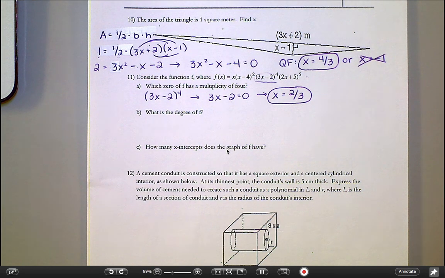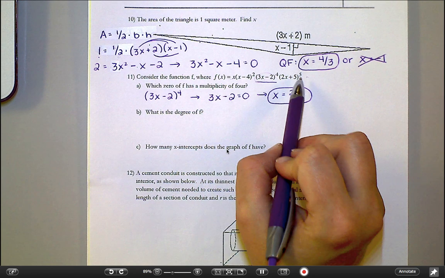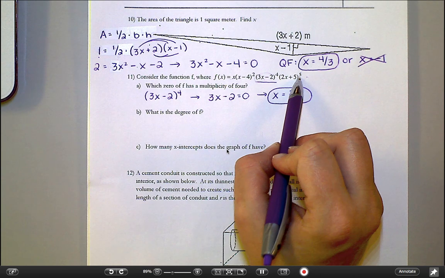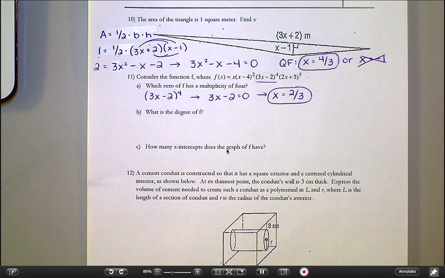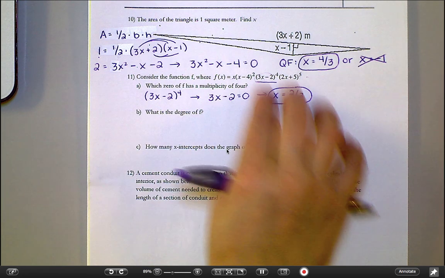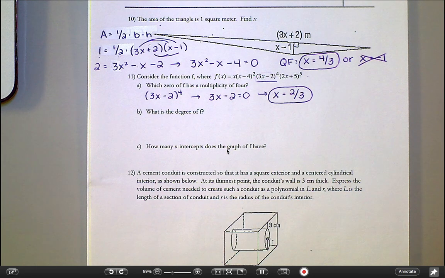Everything is being multiplied, so that would give me an overall answer of 0, which is what it means when I say that this is a 0. Now, what is the degree of f? I have a lot of people with this question always wanting to just look for that biggest exponent. But remember that all of this is really being multiplied together. If I really wanted to answer this question thoroughly, I would multiply all of this out. Now that's going to be gigantic and terrifying. But I think that we can figure out what the degree is without doing that.